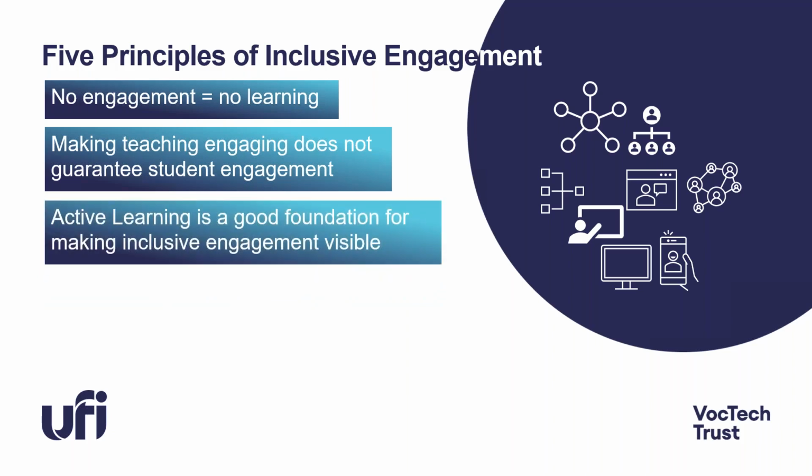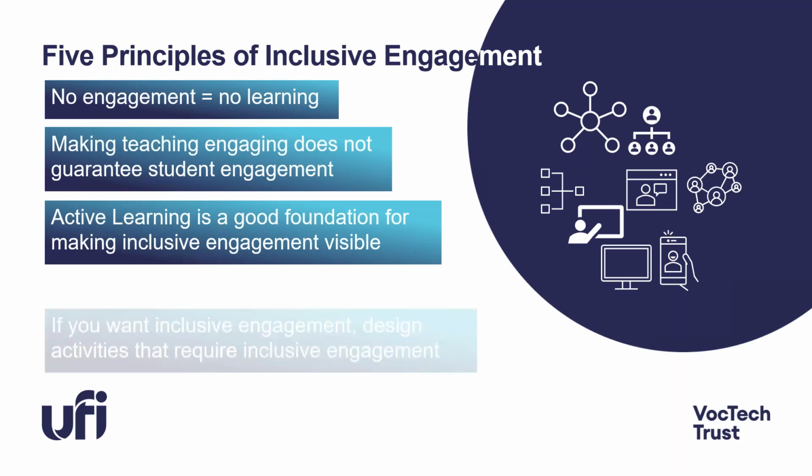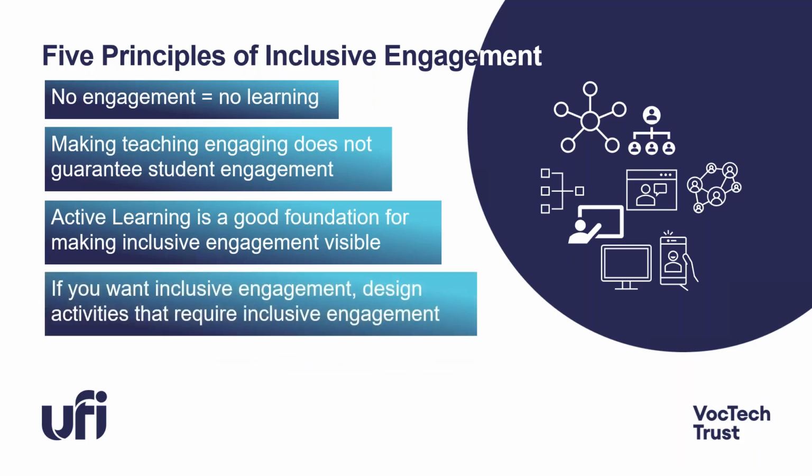Now, I'll perhaps remind you as we go through these, keep in mind how tech makes these things quite easily possible. So the fourth principle explains that you can only really ensure students' active engagement if you make that an explicit requirement and tell them how to do it within the design of the task, activity, or project.